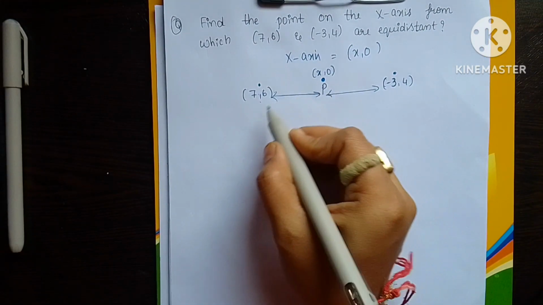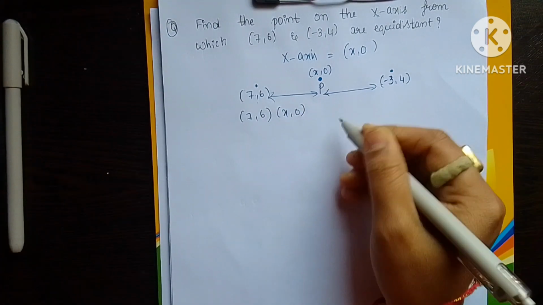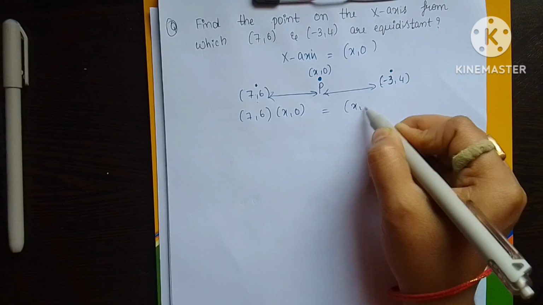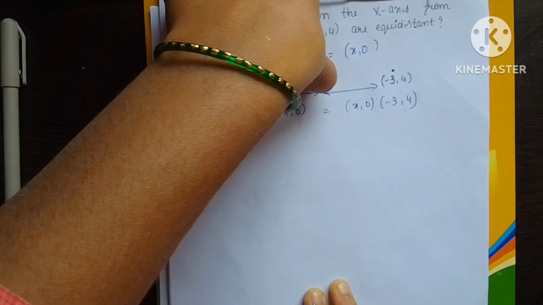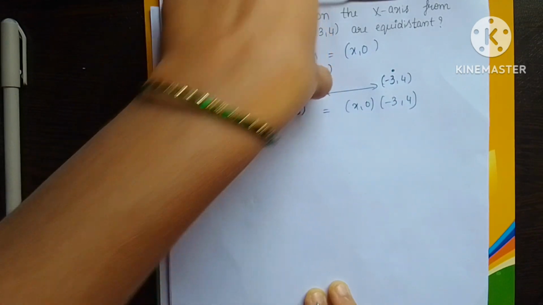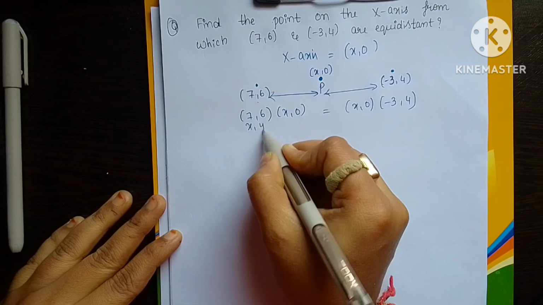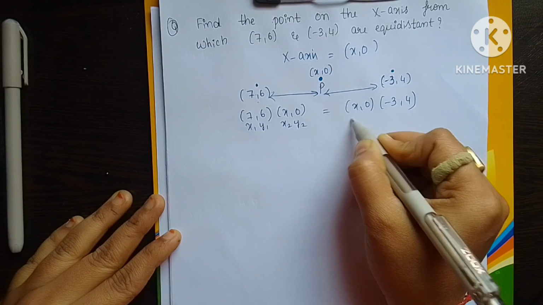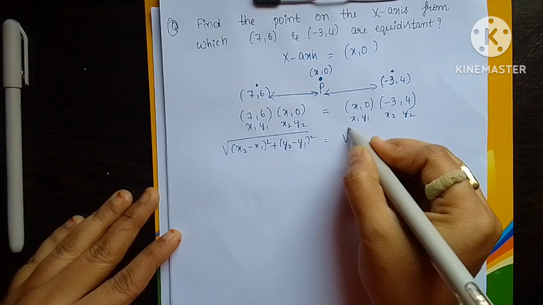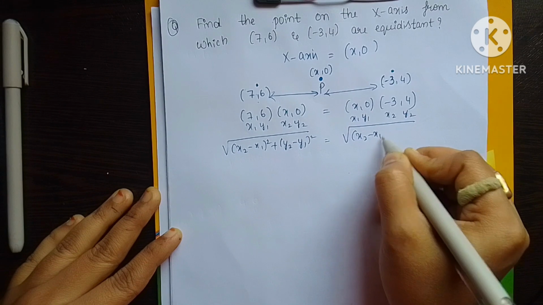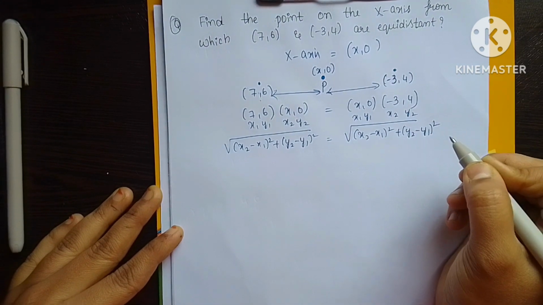So let us take (7, 6) and (x, 0); the distance is equal to the distance between (x, 0) and (minus 3, 4). This point is in between these 2 points. Take it as x1 y1 and x2 y2. Write down the formula: square root of (x2 minus x1) whole square plus (y2 minus y1) whole square.